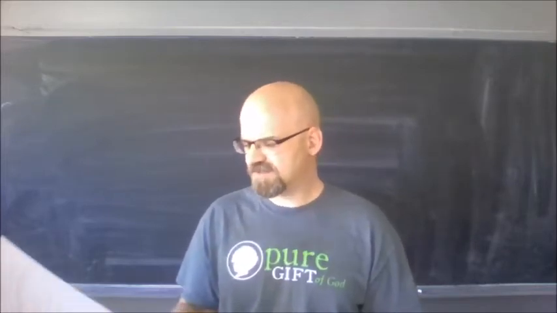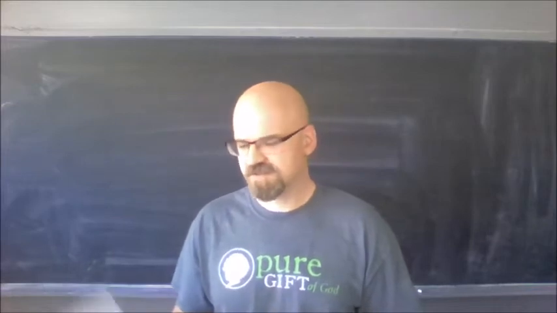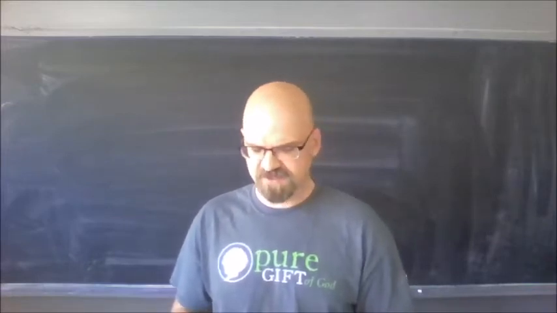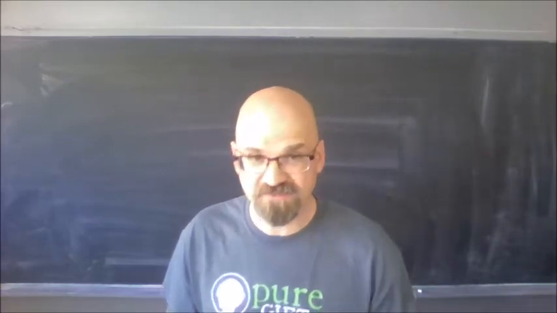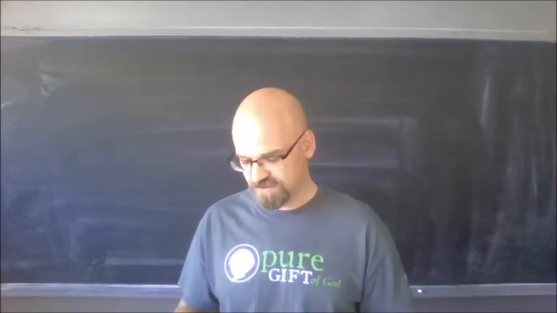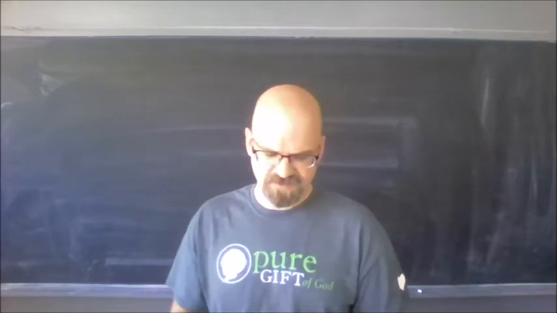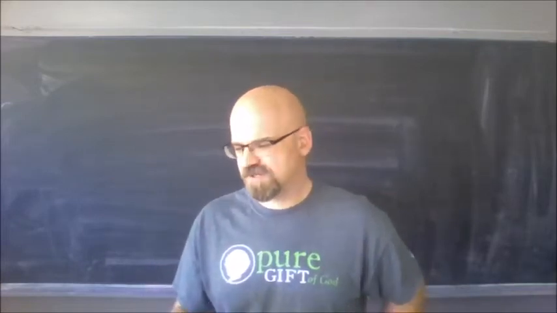Definitions should be clear. Don't use vague definitions. There are certain words that can have a variety of definitions depending on how you use them. You need to make sure you're very precise with your definition.